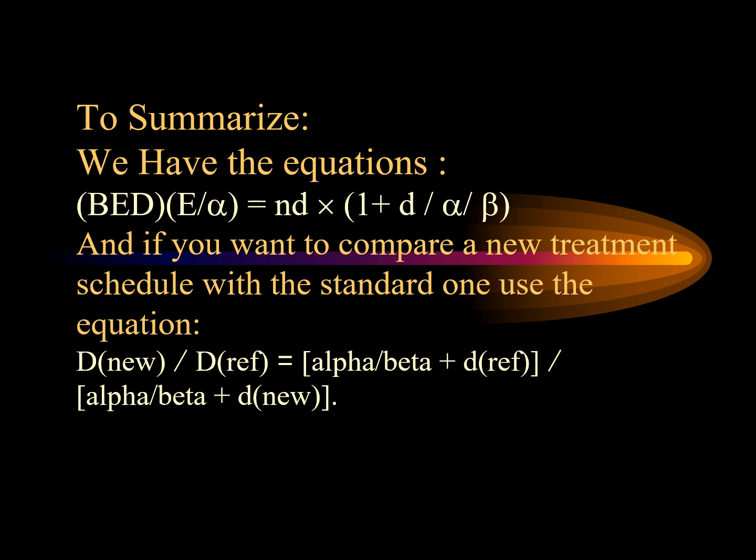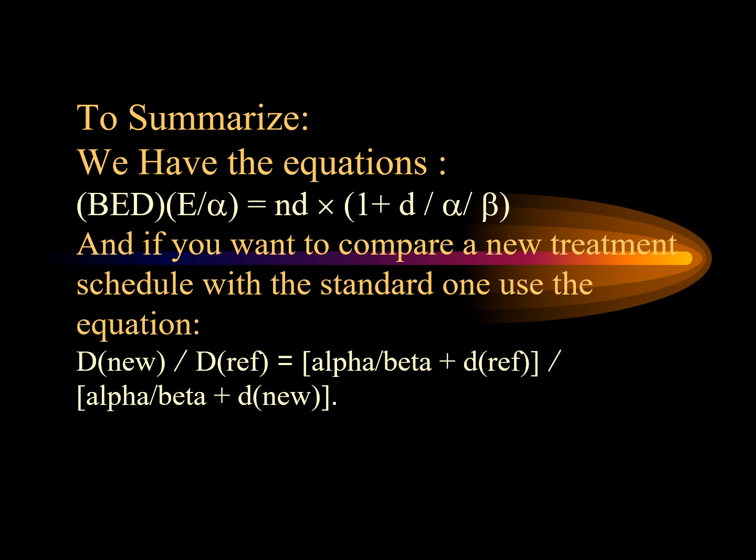Now we have to multiply and solve our equation, and D ref will be equal to 15. Are you following me? Why 15? Because it's capital D nu, and times small d nu here will be 5, and the alpha beta ratio we are looking for the fibroblast will be 3, over the dose per fraction with the normal fractionation, which is 2, plus again 3.